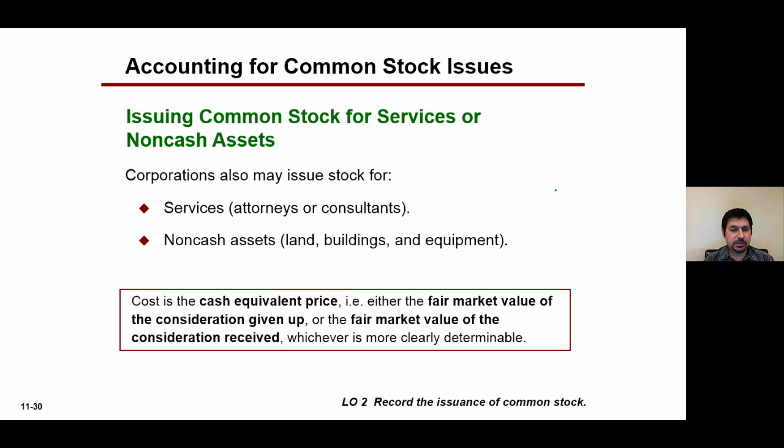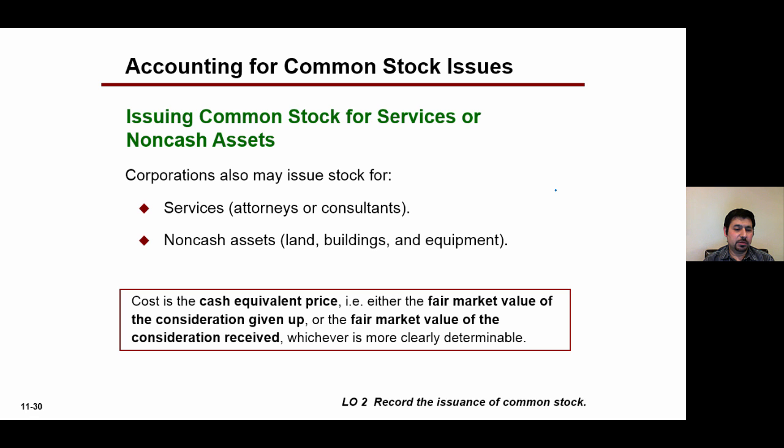So far we have been accounting for issuing common stock for cash, when the company is actually selling the common stock. But in certain cases, the company might issue stocks for services provided or to purchase non-cash assets, for example land or a building. Companies can, for example, issue stocks to pay the attorneys who help the company incorporate.